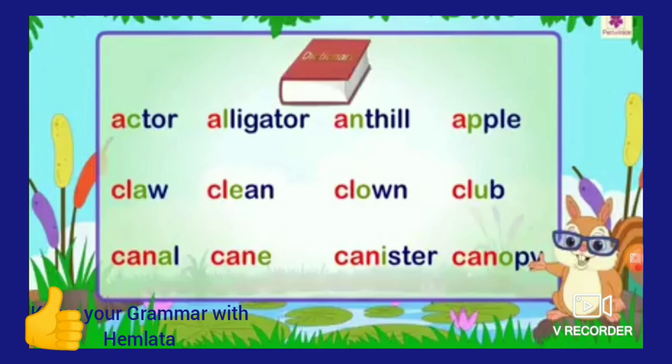Next, anthill, apple, cloud, clean, clown, club, canal, cane, canister, and canopy. Now you know how to make words in alphabetical form.